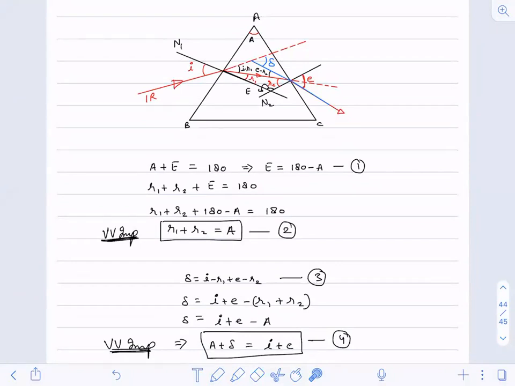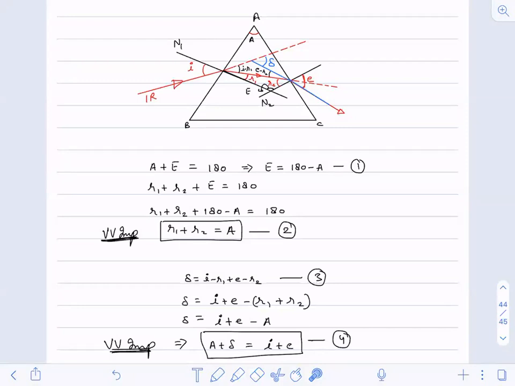Fine. Now, on what factors does the deviation angle depend? Deviation angle means delta.